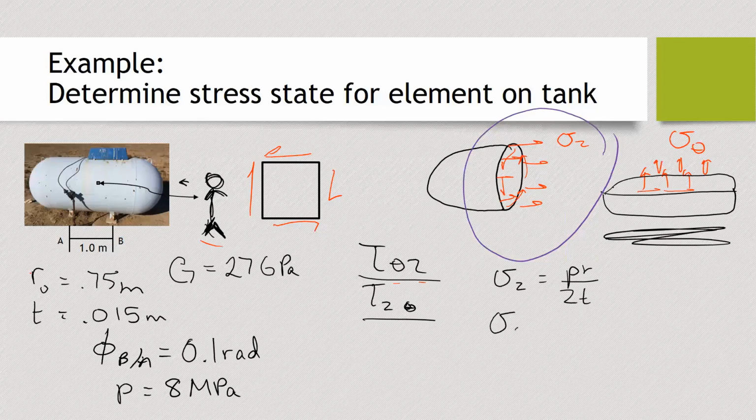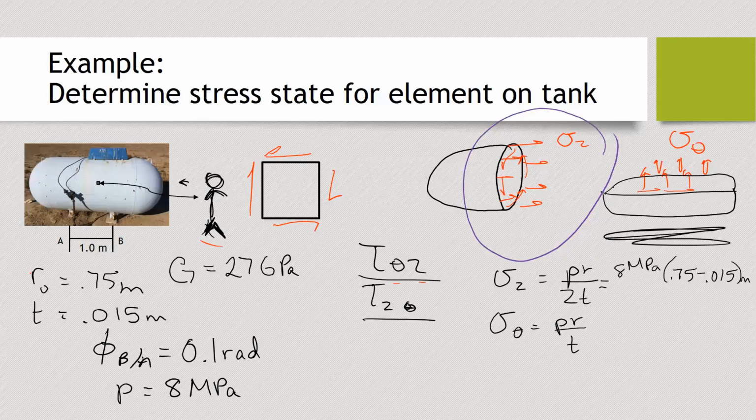Okay, and what about sigma theta? Perfect, PR over T, so it's twice sigma z. So we have all these values we can plug in. We have 8 megapascals times the radius, which is 0.75 minus 0.015. Why am I subtracting? Right, we want the inner radius.